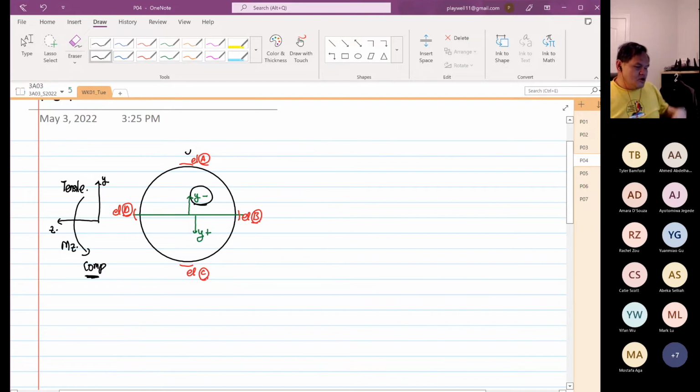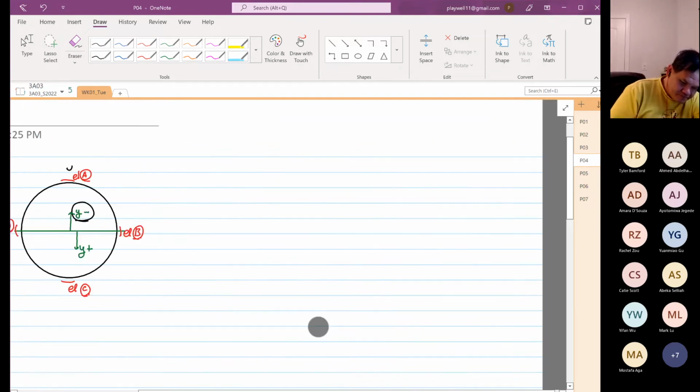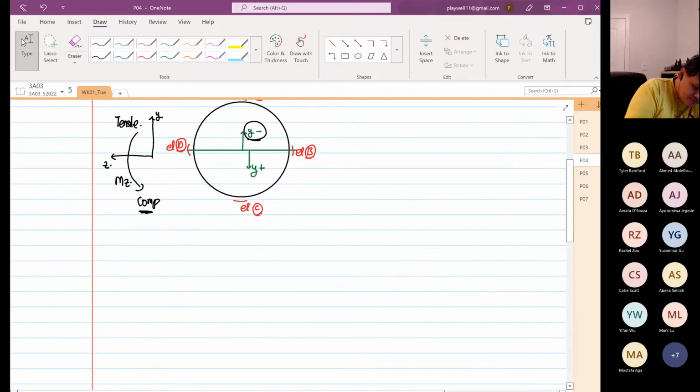We know the axial force that is inducing 2,000 pound force.